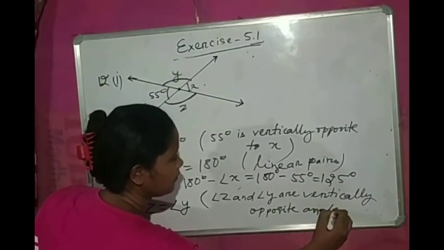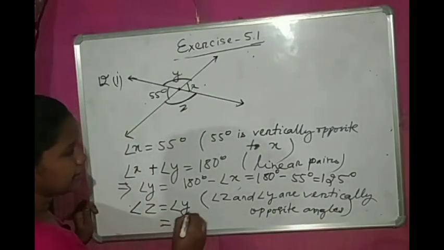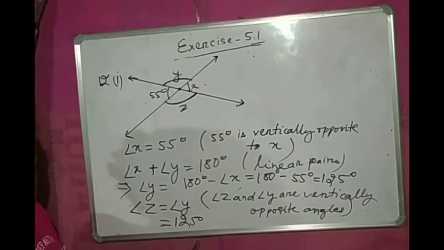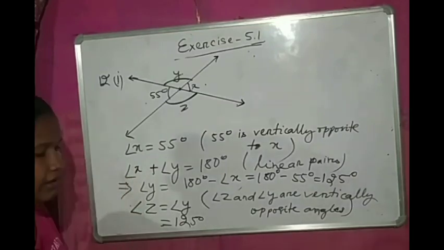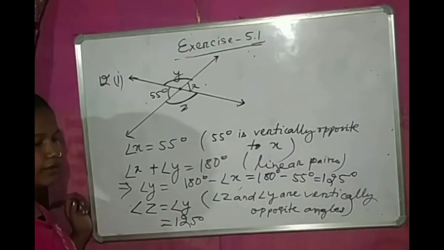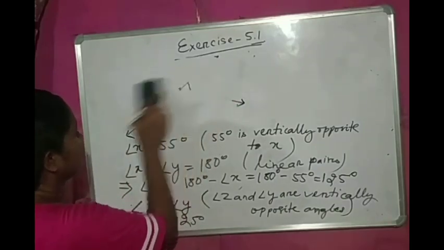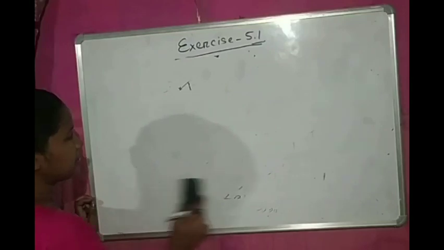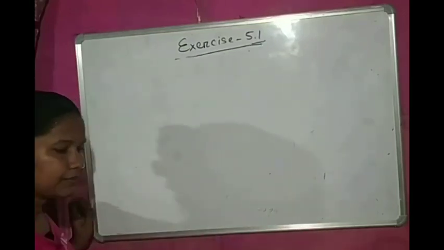So z equals how much? Y is how much? 125 degrees. So z equals 125 degrees. Like that you can do figure 2 by yourself. I am not doing figure 2. You have to do it by yourself.